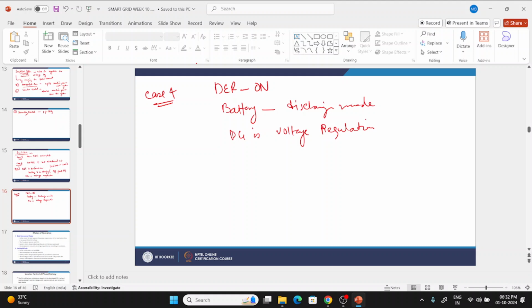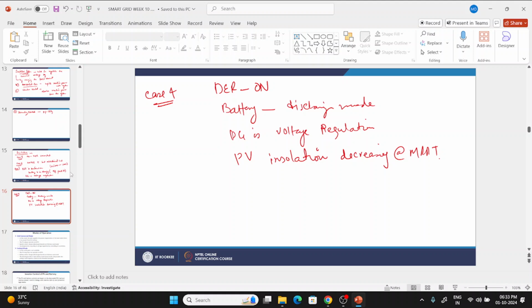It will be overexcited, and PV insulation is decreasing when it operates at the MPPT. So these cases we are going to analyze.